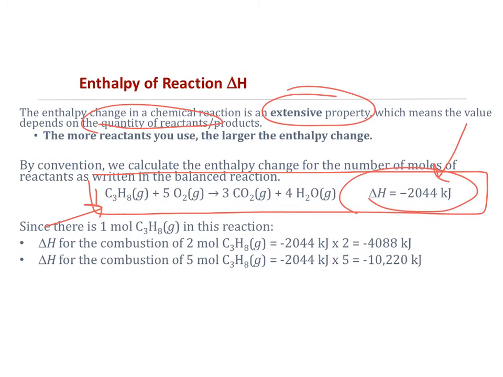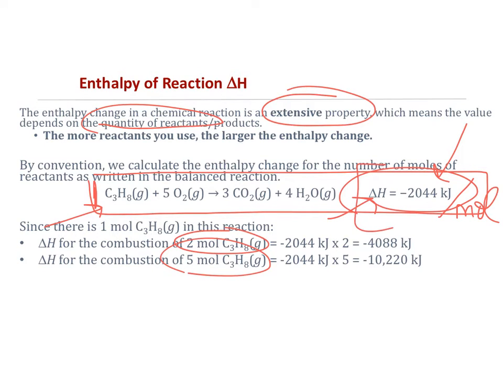So what if you were asked in a question, which you will, what's the enthalpy change if we combust 2 moles of propane, or if we combust 5 moles of propane? You need to learn to use the change in enthalpy given with a balanced chemical reaction as a conversion factor. In this case, because there's only 1 mole of propane, it would be fine to say the delta H is minus 2044 per mole, right?